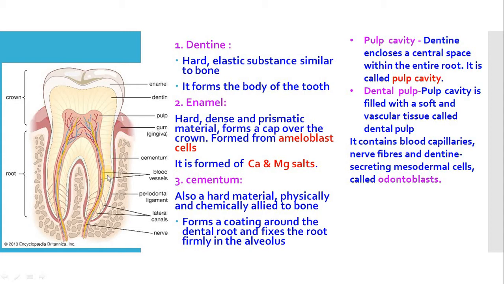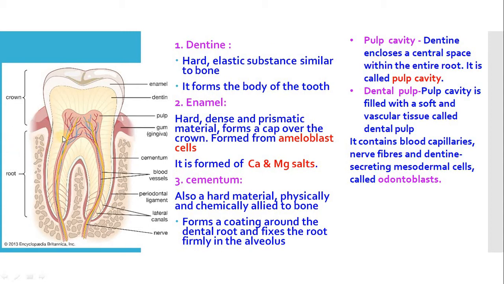Then cementum. Cementum is also a hard material, structurally almost similar to bone. It forms a coating around the dental root and fixes the root firmly in the socket of the dental arch.